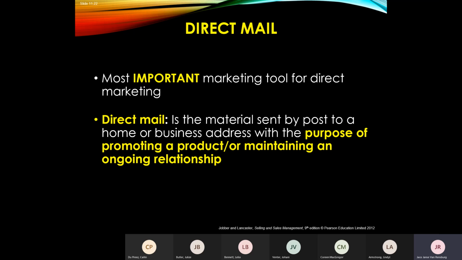We are not referring here to electronic mail, emails that goes out. That's a total different. We'll deal with that in more detail, and specifically e-commerce and how it is evolved in chapter 12. But direct mail is the material that you actually post, and believe me, it actually still happened.